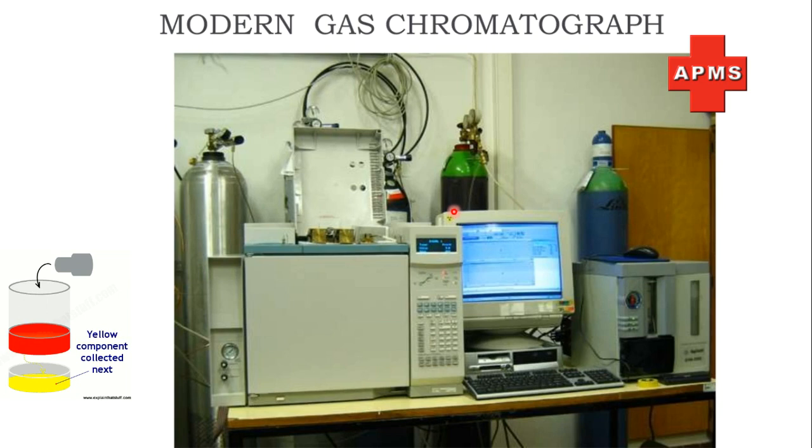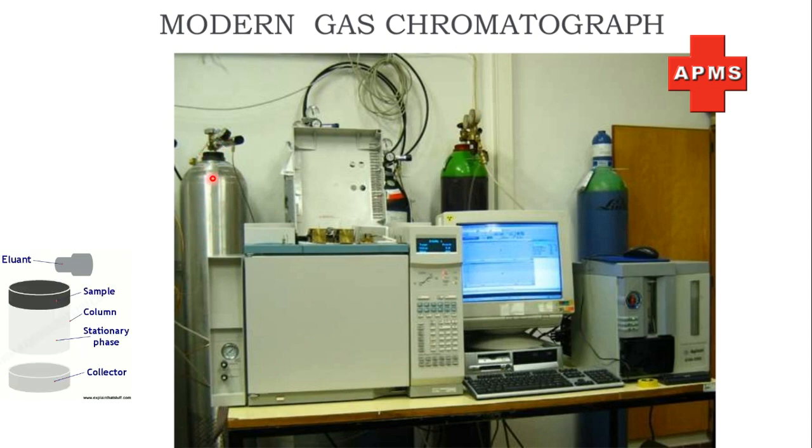Now this is a simple gas chromatography instrument in a laboratory. Behind it, this cylinder contains a carrier gas, which could be nitrogen.